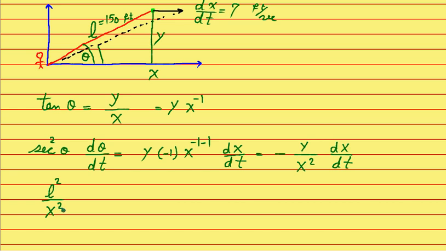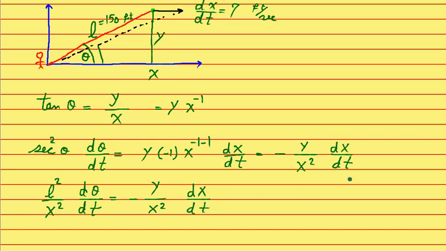Since I was squaring secant, I'm squaring each of these. This is d theta dt. Right hand side is minus y over x squared dx dt.